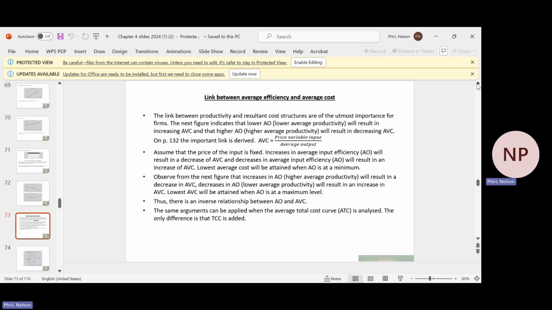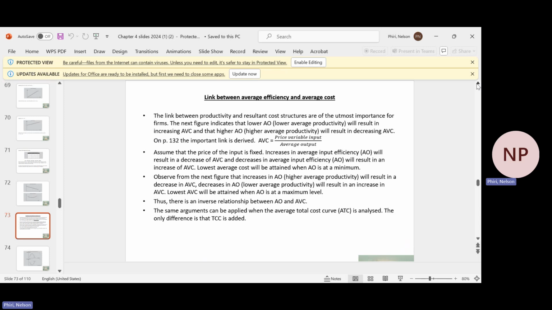So assuming your numerator is fixed, which is your price per variable input, if you increase your denominator, which is your average output, due to an increase in efficiency, your AVC overall will decrease. And the converse is true. If your average output decreases, this increases AVC.